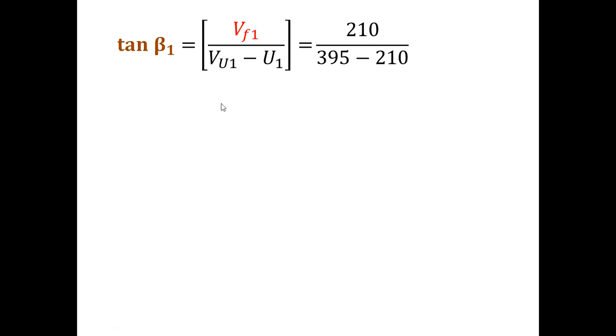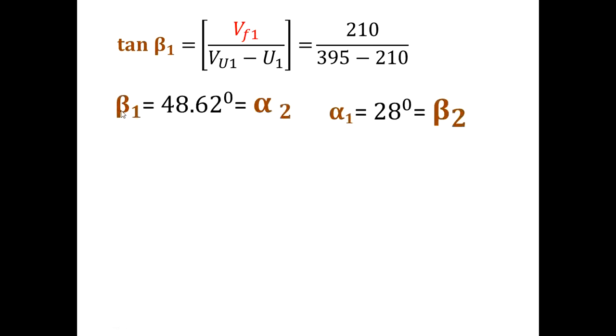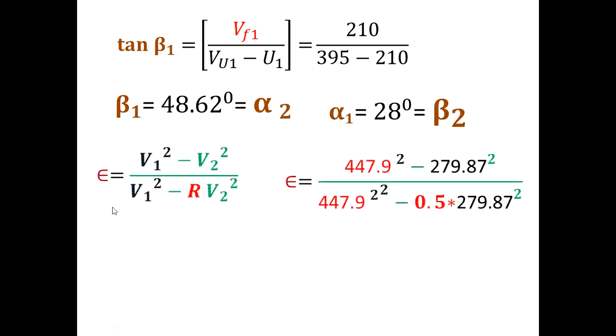Go to the problem. Tan beta 1 is Vf1 divided by Vu1 minus U1. So beta 1 is equal to alpha 2. Same thing, alpha 1 is equal to beta 2. So V1 square is equal to this one. Alpha 1 is already given as 28 degree. Therefore the utilization factor you are getting this one for the above condition.